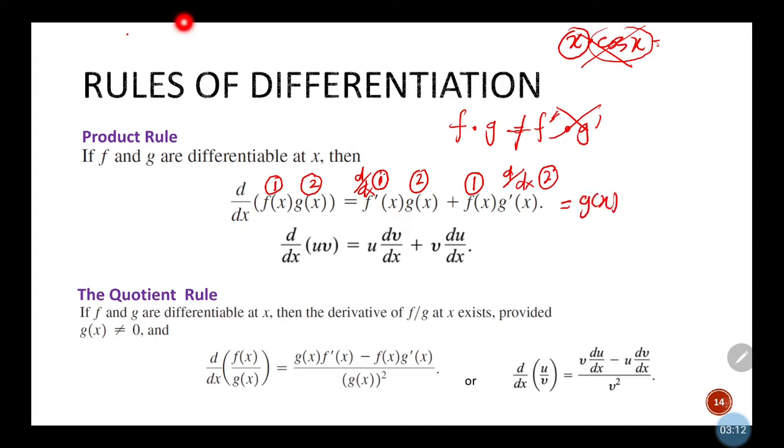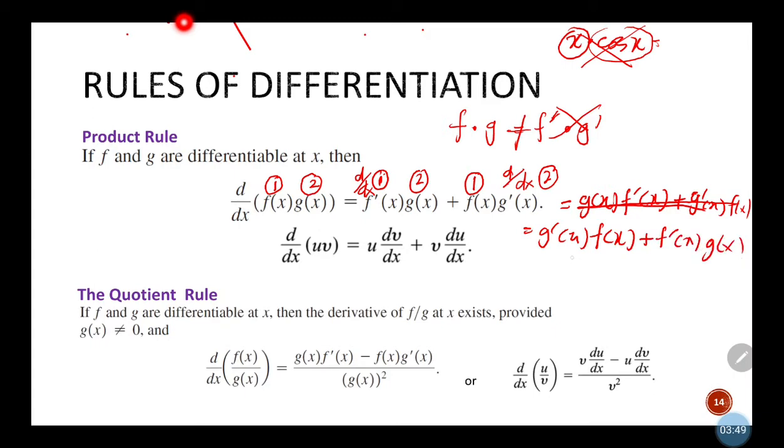If you put g(x) first times f prime x, plus g prime x times f(x). Sorry, if you want to do g prime x first, then g prime x times f(x), then plus f prime x times g(x). It means find the derivative of the second function first, multiply with the first function, and then plus the derivative of the first function multiplied with the second function. It is the same.